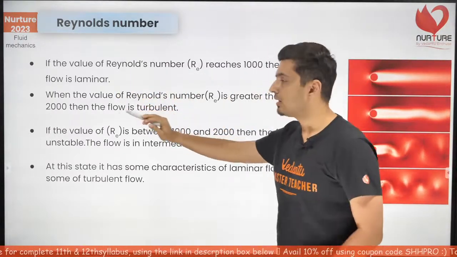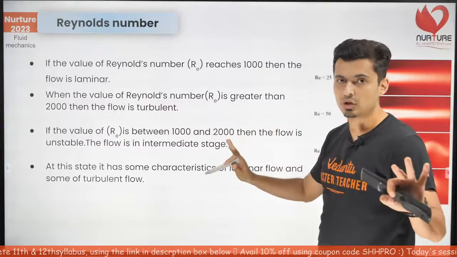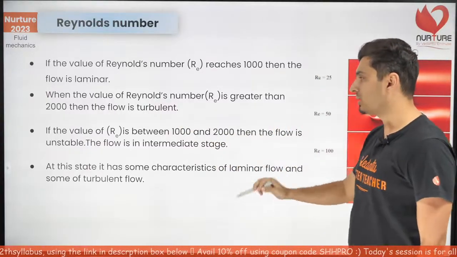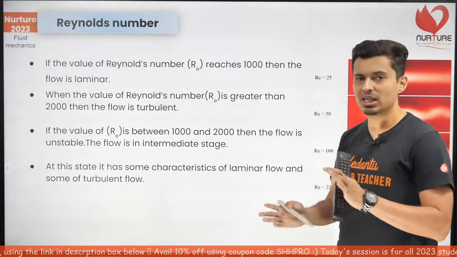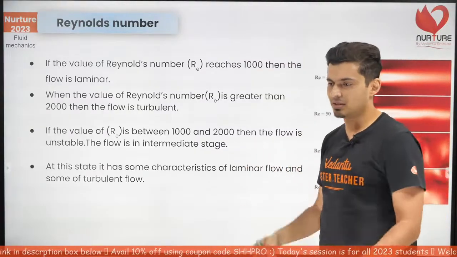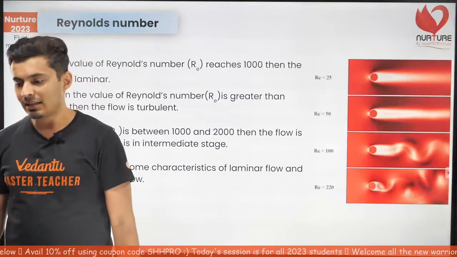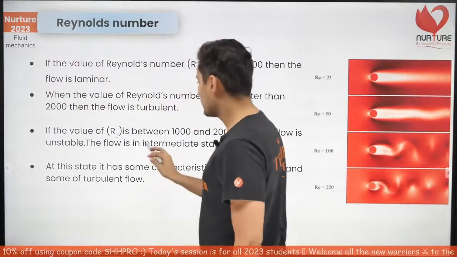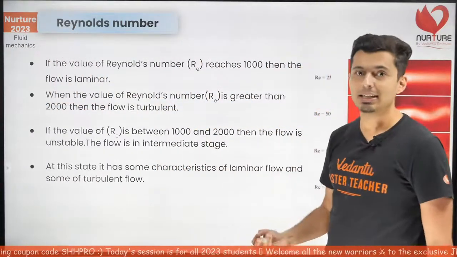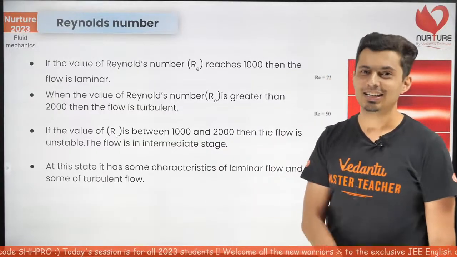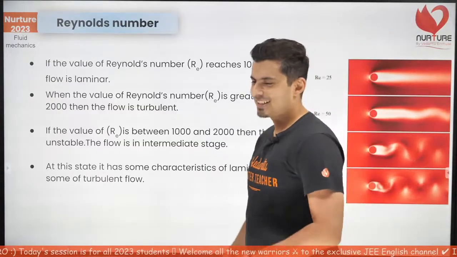You can predict it. More than 2000, it's for sure turbulent. Between 1000 and 2000, it's intermittent. That means sometimes steady, sometimes not steady. It is not predictable whether it is steady or unsteady. Okay, so that's how it works.